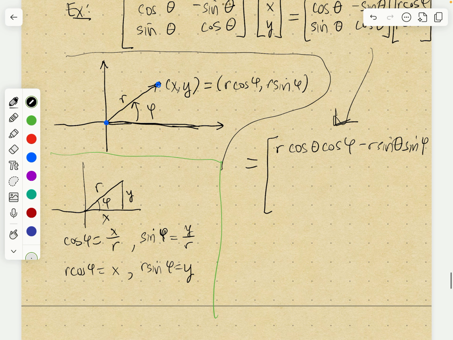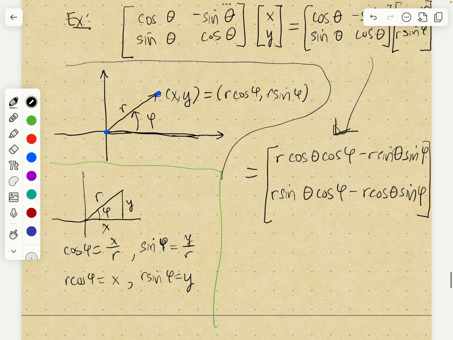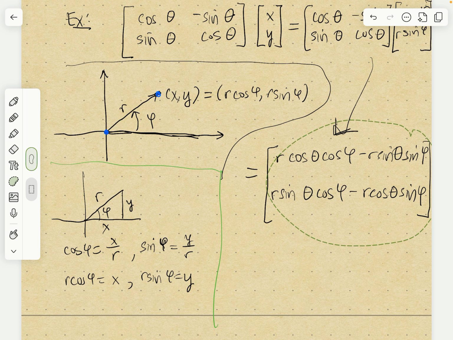That's the first component, and then the second component is going to be r sine theta cosine phi minus r cosine theta sine phi, right? And this is a vector. So this vector that we wrote, that's the output. That's where xy is going to go when you multiply this matrix by the vector xy.